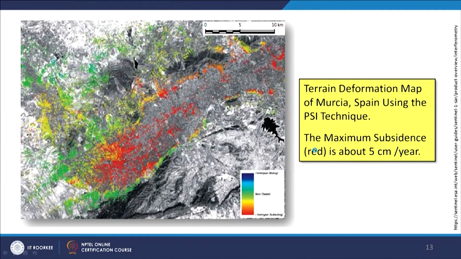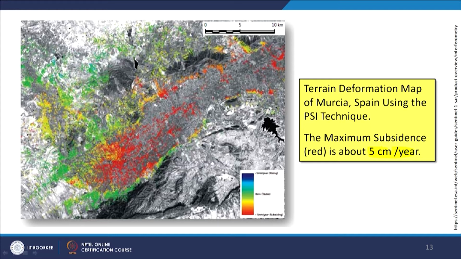Like here, if I take an example of terrain deformation of a part of Spain, in which a PSI technique has been used, the maximum subsidence that has occurred is about 5 centimeter per year, because it has covered a long time period, and therefore the rate can also be estimated.